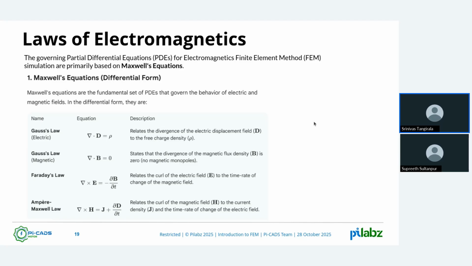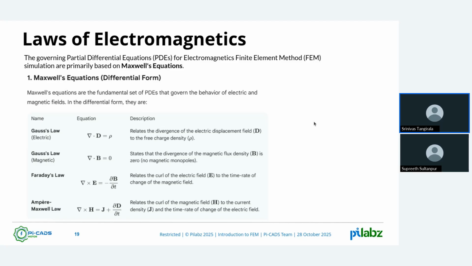Okay. So the third, Faraday's law, relates the curl of the electric field to the time rate of change of the magnetic field. So minus dou B by dou t, where B is the magnetic flux density and E is the electric field. So the rate of change of magnetic field produces electric field.